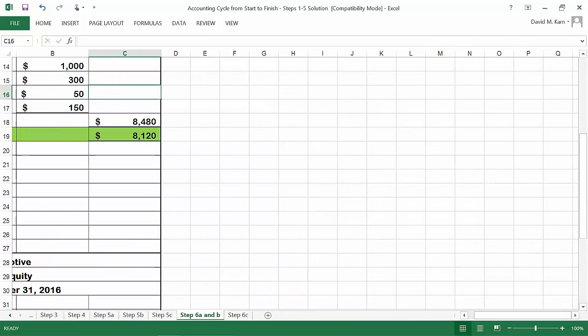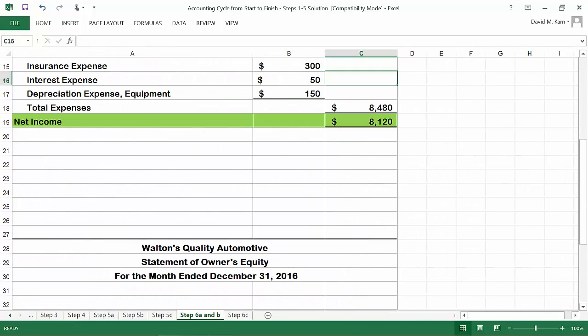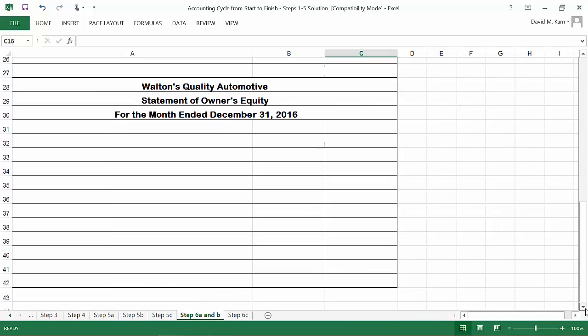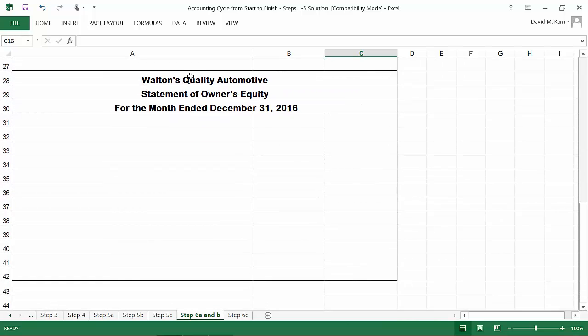Okay, so we can now come down here and we can go ahead and have the statement of owner's equity kind of on the same sheet here. And I've already put the heading on this, so we can go ahead here and figure out how we're going to do this. Now, remember back to our lecture PowerPoint, we had BASE, B-A-S-E.